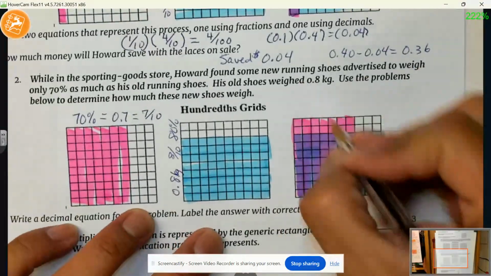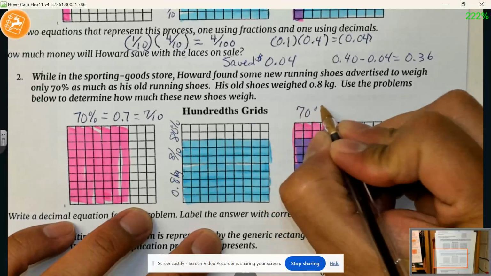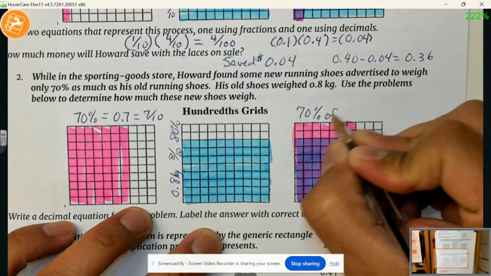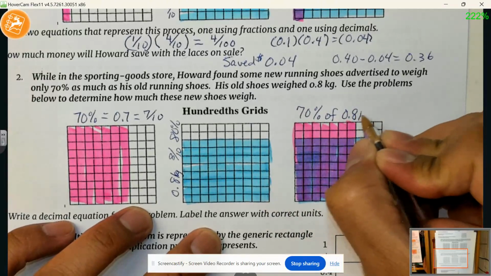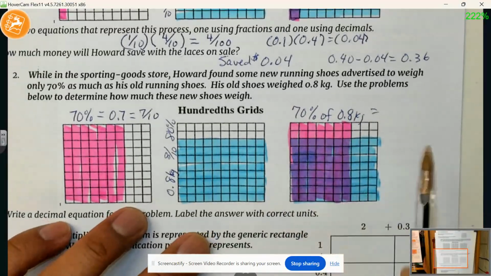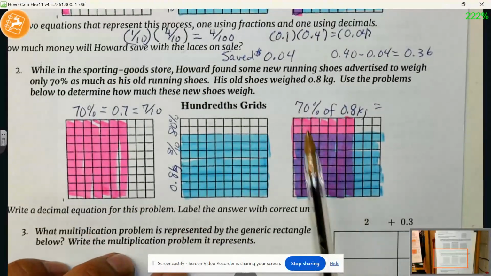Okay, so now this should show 70% of 0.8 of a kilogram, which is equal to, so now that would be the doubly shaded area.